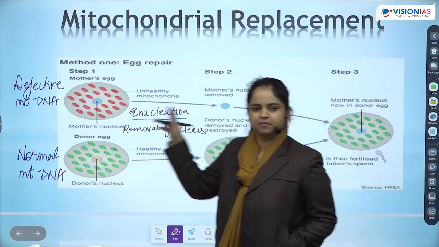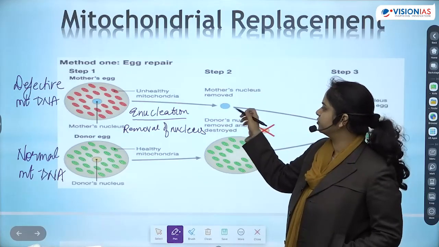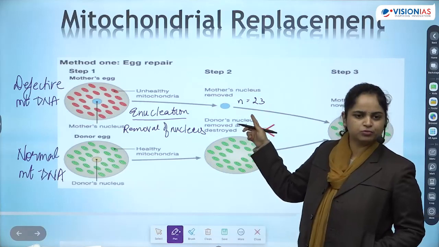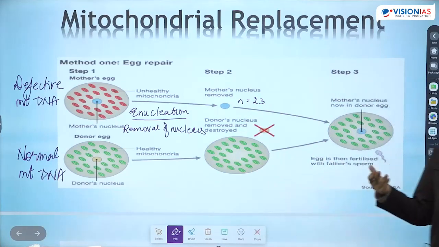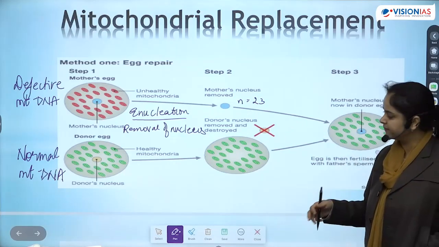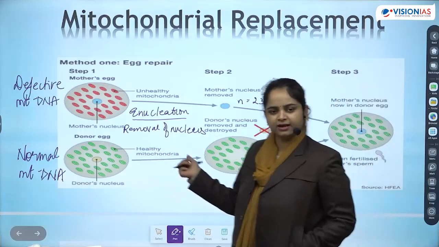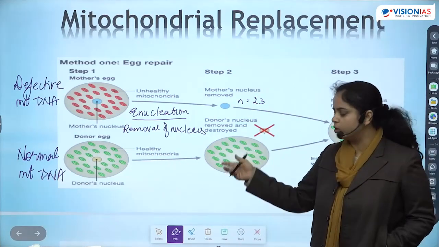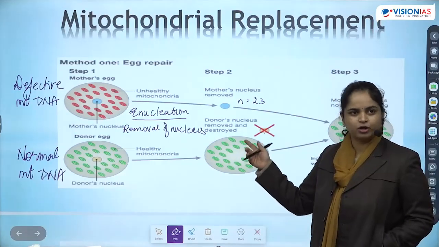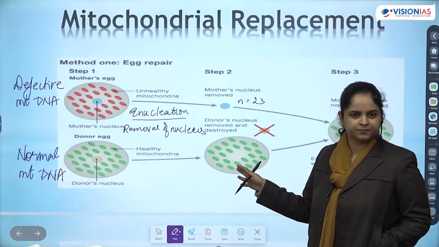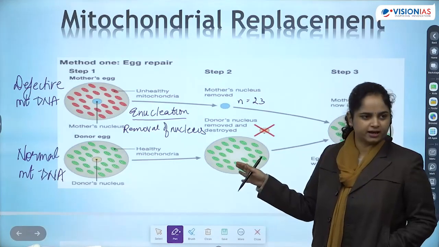In the case of the mother, her nucleus has her n number of chromosomes, or for human beings, the 23 chromosomes. They are the ones which will be determining the characteristics of the baby. So we keep this nucleus. From the donor egg, we don't need the nucleus. We don't need her chromosomes. We only want her cytoplasm. Cytoplasm where all the mitochondria are present. हमें सिर्फ वो चाहिए यहाँ पे.